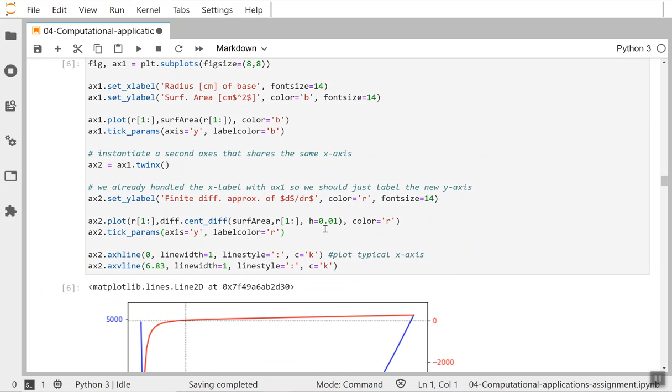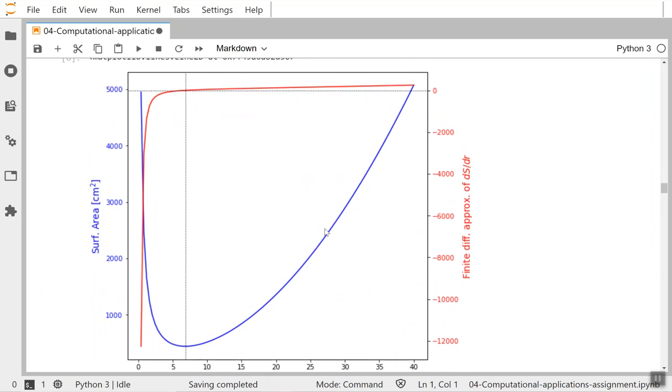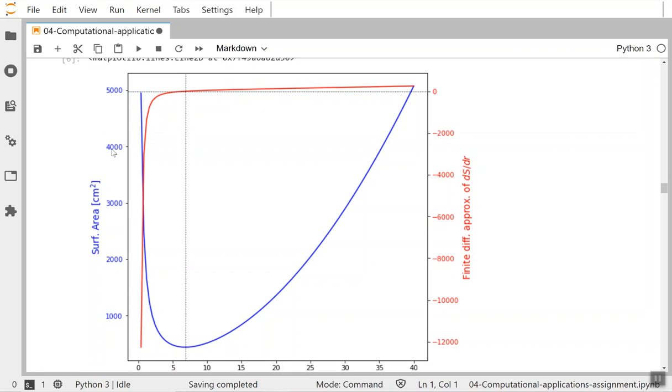So if I plot this, here we go. In blue and on the left y-axis, I'm showing the scale of the blue curve, which is the surface area. And then in red and on the right part of the figure, I'm showing the scale for the finite difference approximation of the derivative ds versus dr.